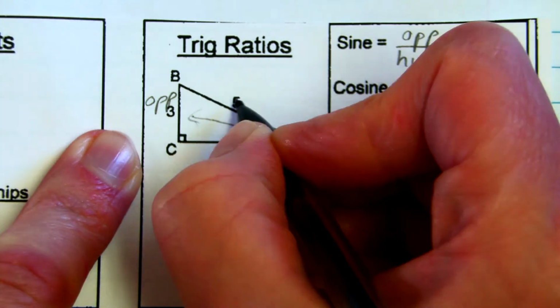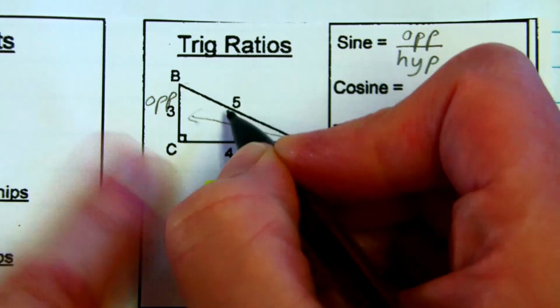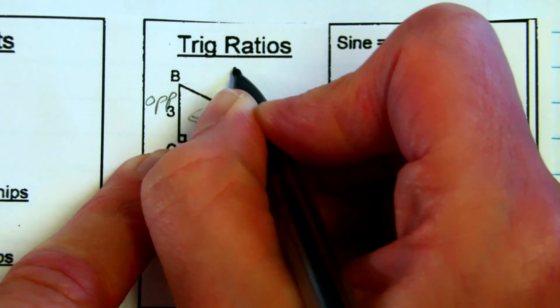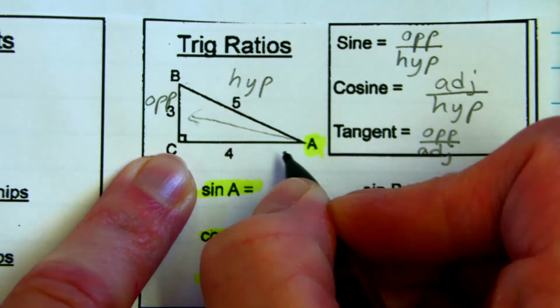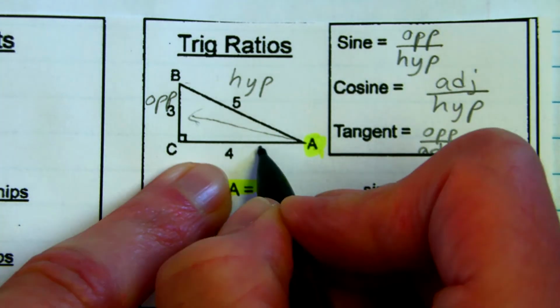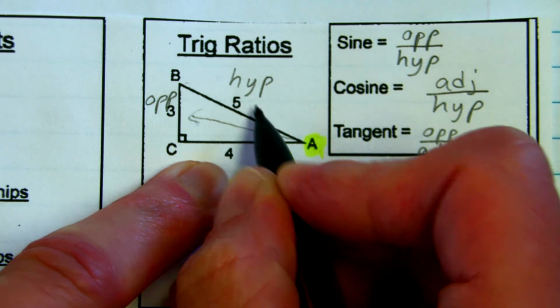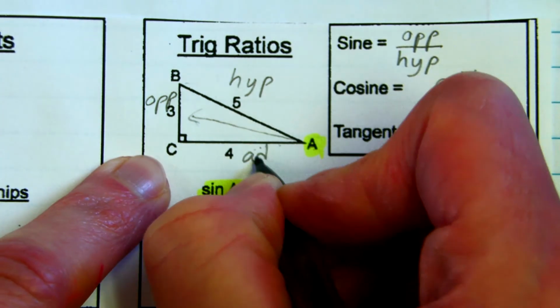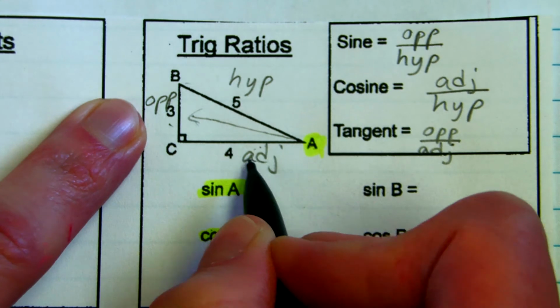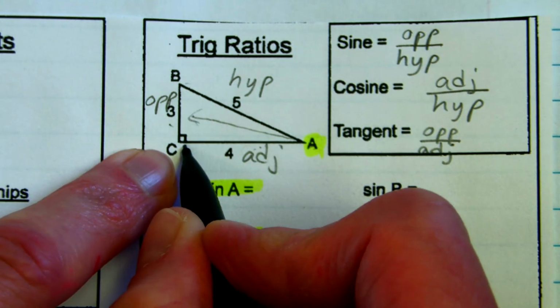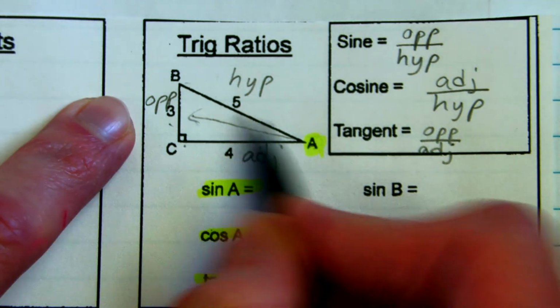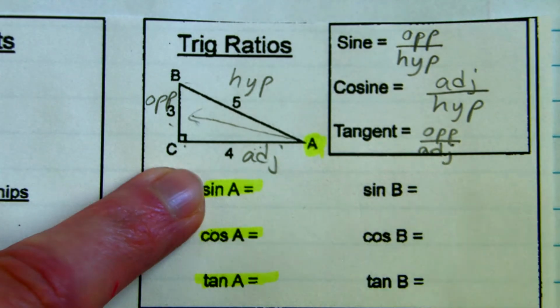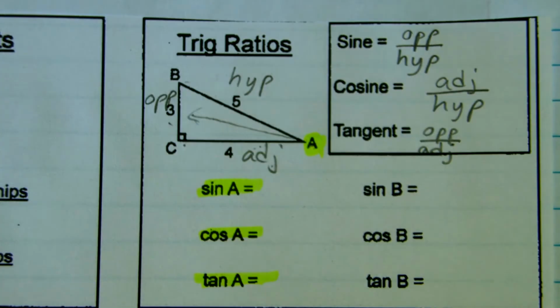And then the 5, you see it's the longest side, and it's across from the right angle. That has to be your hypotenuse. And then this side right here that makes up angle A but is not the hypotenuse, that is the adjacent side. So the two legs that make the right angle are opposite and adjacent. Opposite is across from your angle, and adjacent helps to make the angle.